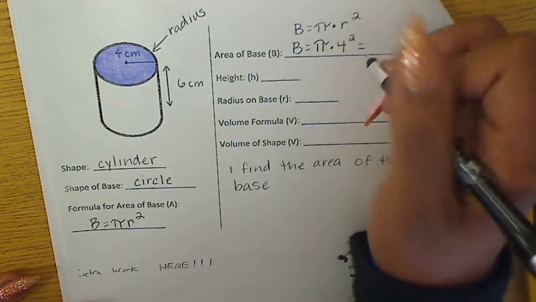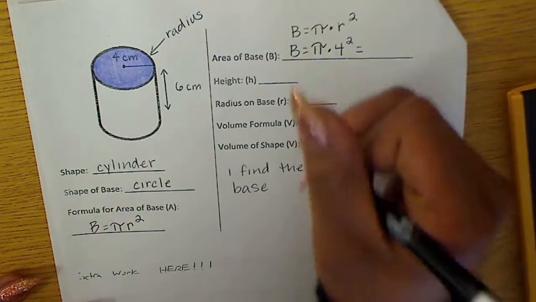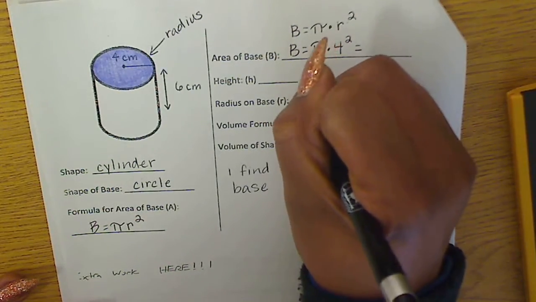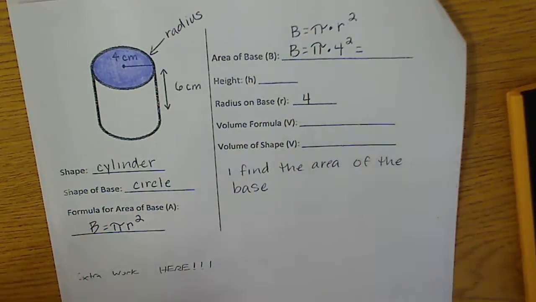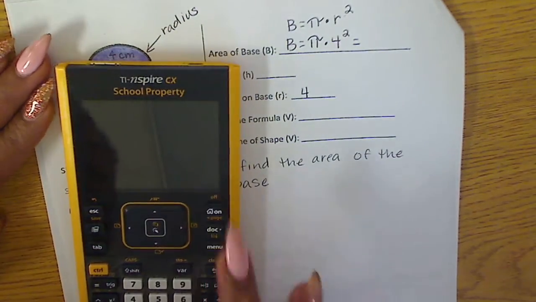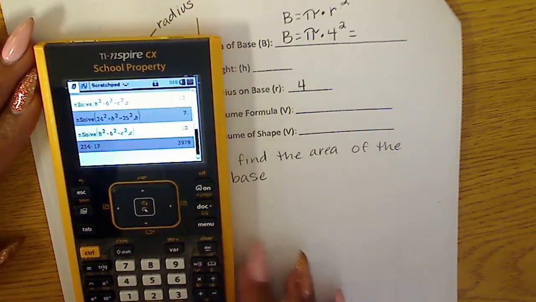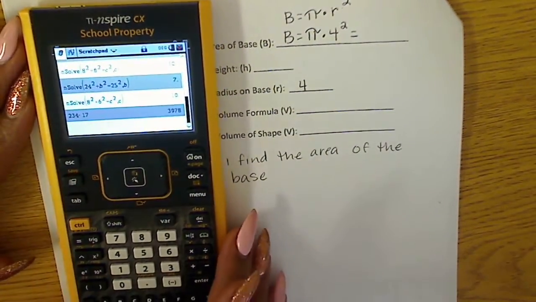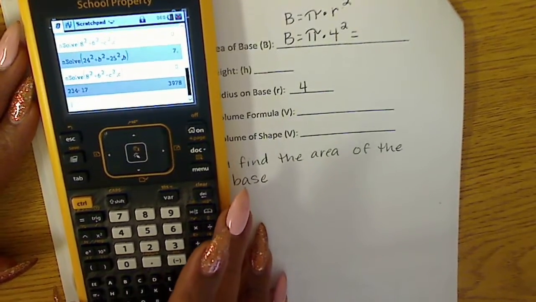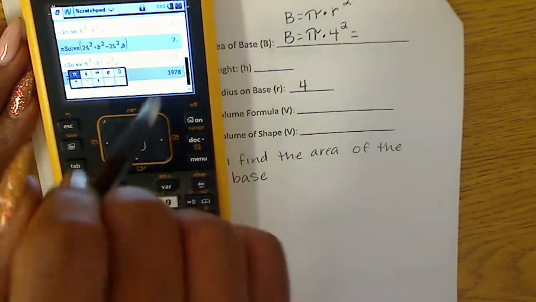And when we put that in the calculator, what do we get? If you don't know how to put pi into the calculator, the pi button is down here in the lower left-hand corner. You just hit pi, and it brings up all these other characters.